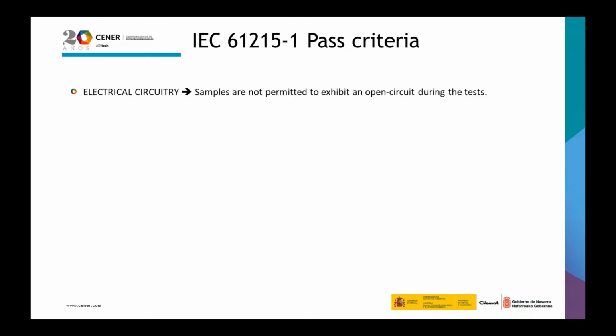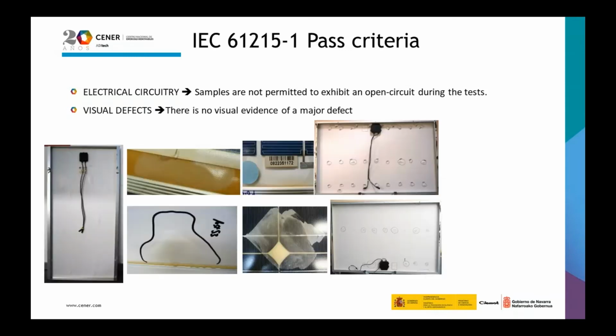One is that the samples should not exhibit any open circuit during the tests. The visual defects should be only minor defects. If there is a major defect, the module design will fail the qualification.